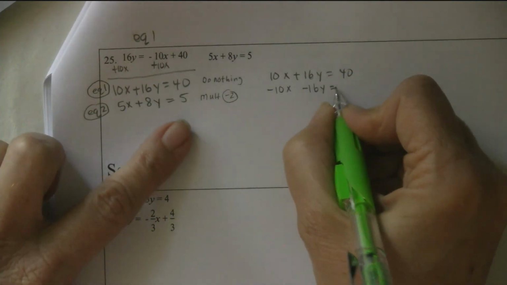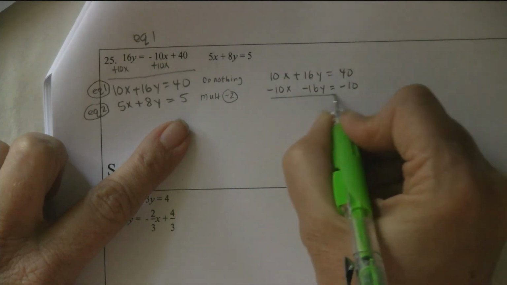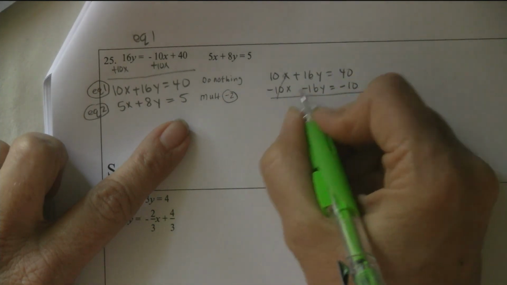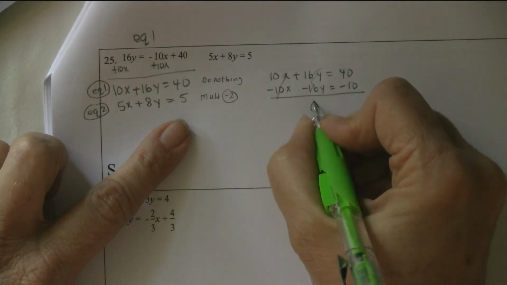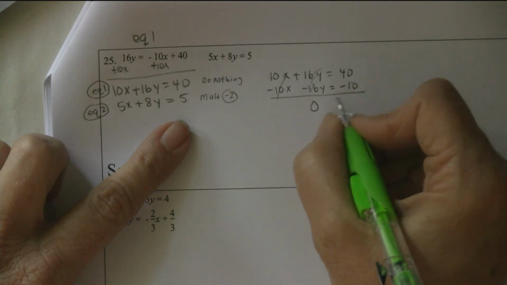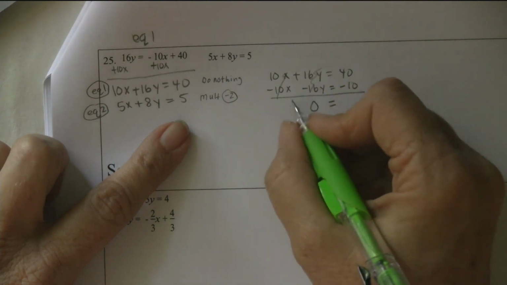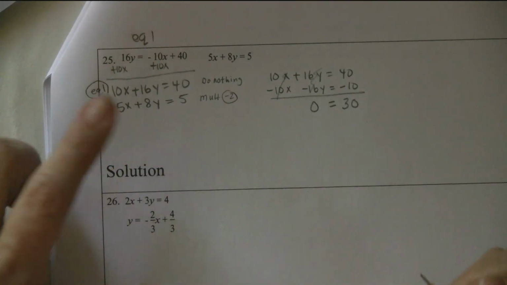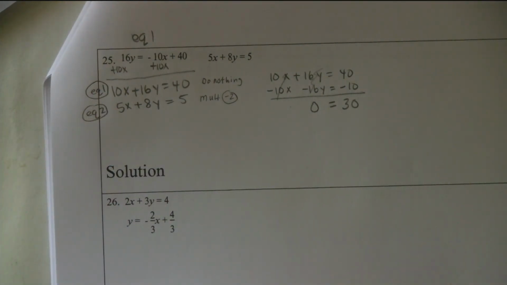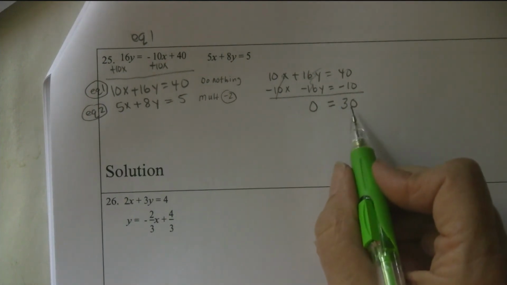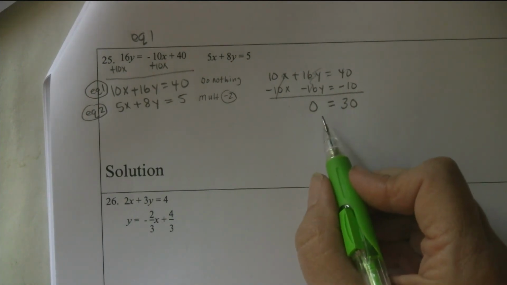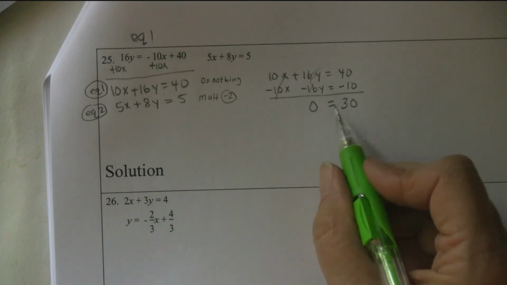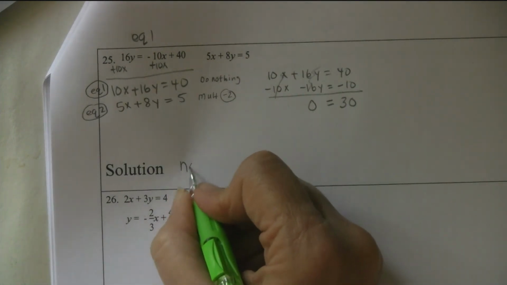And you notice that the x's drop out, making 0, and the y's drop out, making 0. So this side is 0. But that side over there is 30, right? And 0 doesn't equal 30, and so had these been the same, then there would have been infinitely many solutions, but because these are different, there is no solution.